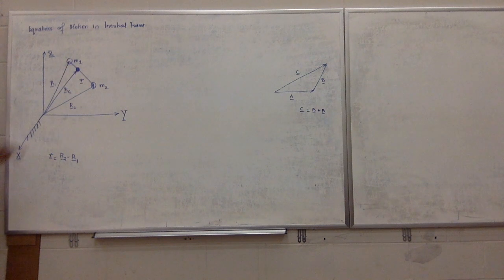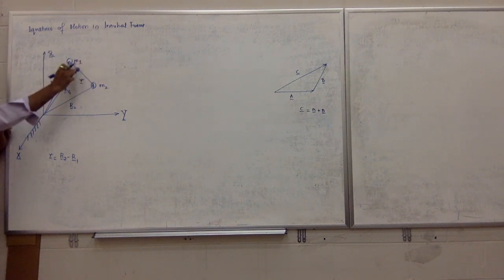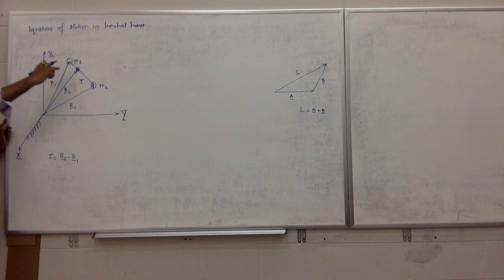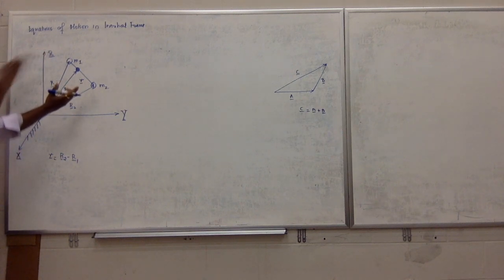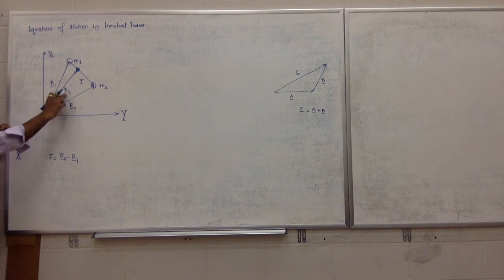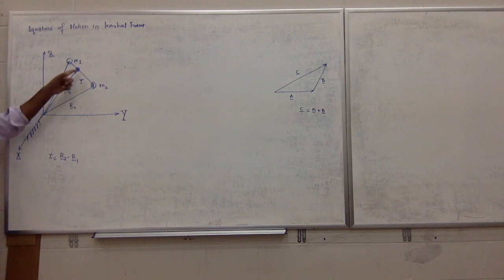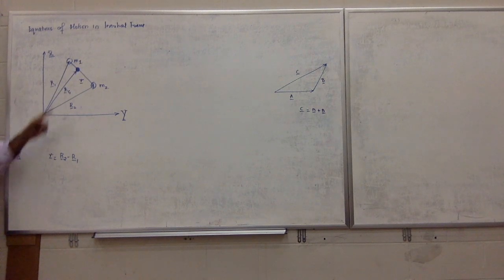If you take these two bodies, this would be the center of mass of the two-body system, and this is its absolute position. The dark circle is the center of mass between the two bodies. We label it as RG, center of gravity.